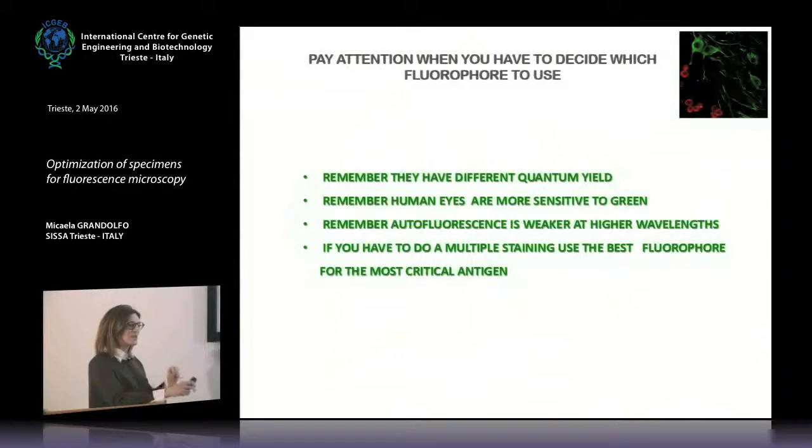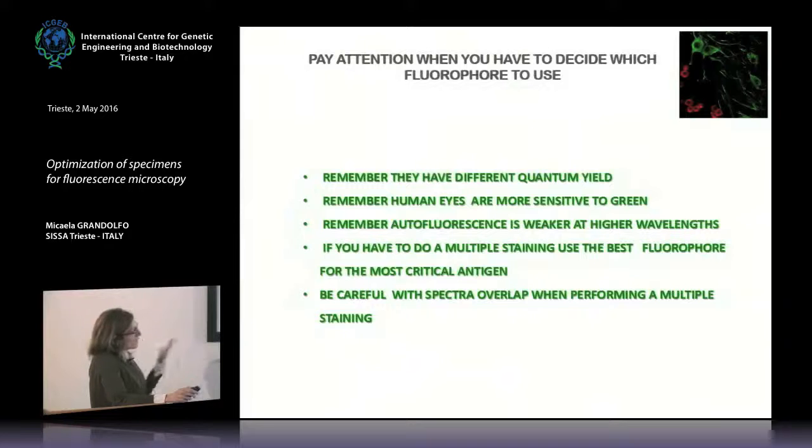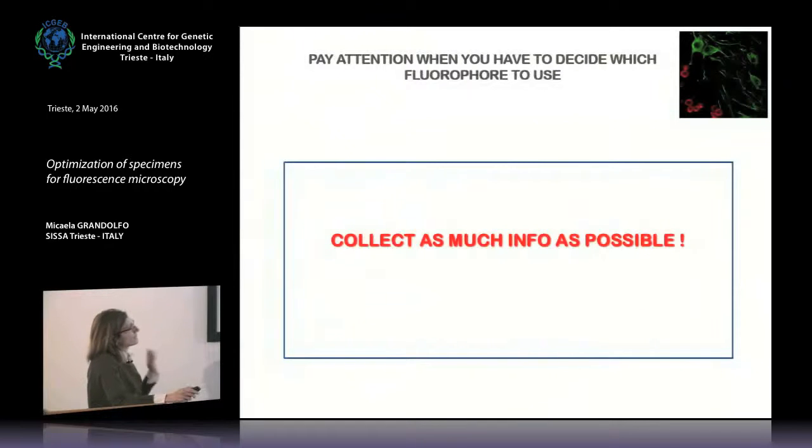Because you have to be really sure that you are looking at your antigen when it is really difficult to visualize, to reveal, and you want to use your best fluorophore just for that antigen, okay? Be careful with spectral overlap when you perform multiple staining. So, in synthesis, collect as much information as possible before starting the staining of your sample with a fluorophore.